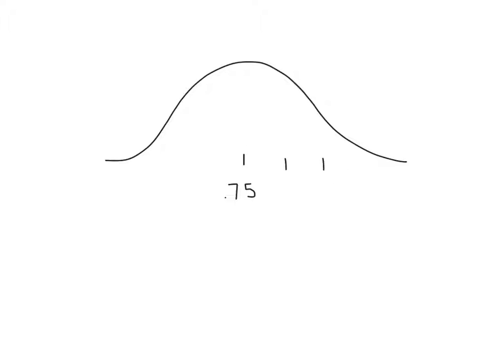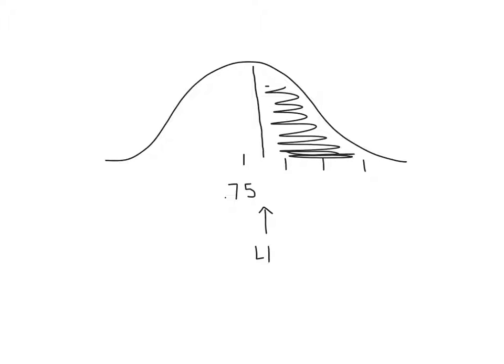Our sample proportion of 0.77 is only about a half a standard deviation above that claimed value. And we want to know the probability that it's even greater than that. So our lower boundary is going to be our z-score, which is the 0.5426 that we just calculated.